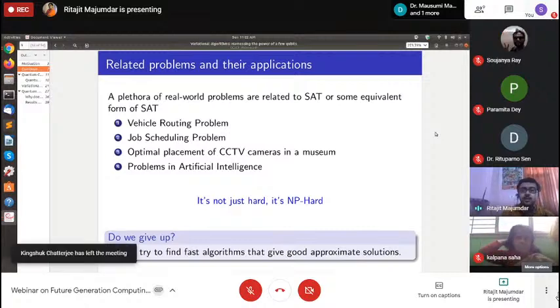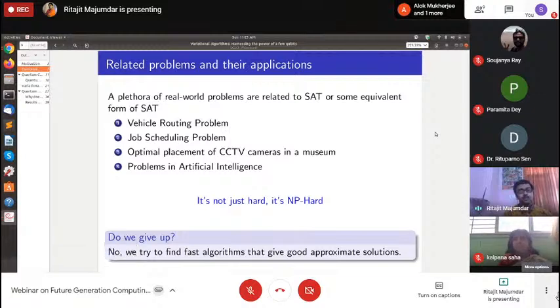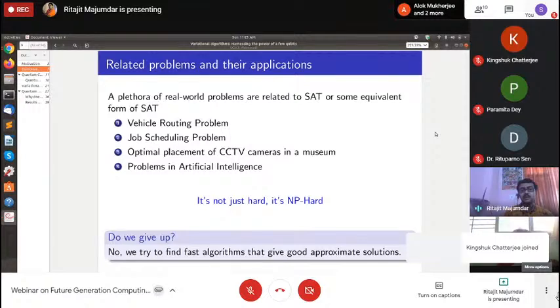It can even process 30 jobs at some points, but it will never process anything like 24 or 23 jobs. 25 is the lower bound. If I can give you this guarantee, then this 25 divided by 30 is called the approximation ratio. And obviously, we want this approximation ratio to be as close to 1 as possible, because if it is 1, that means I am giving you the optimal solution, the best solution.